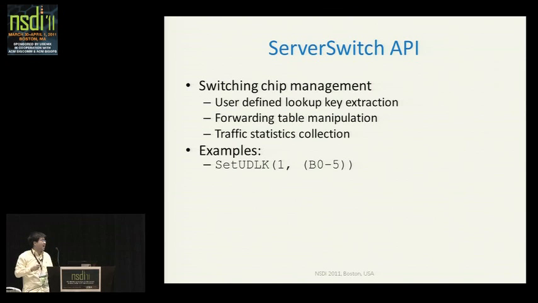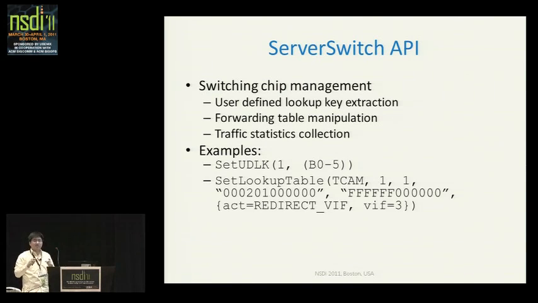Here, we provide 3 examples. The first API sets up the user-defined lookup key, the UDLK, for the first 6 bytes in the packet, which is the destination MAC address. Second, we set up the TCAM table to compare the first extracted user-defined lookup key with a value and mask, which is the first 3 bytes.